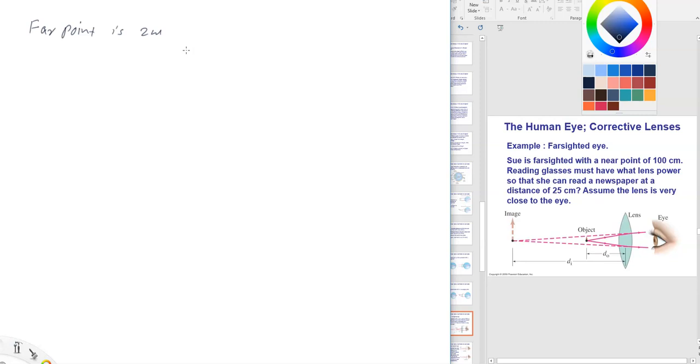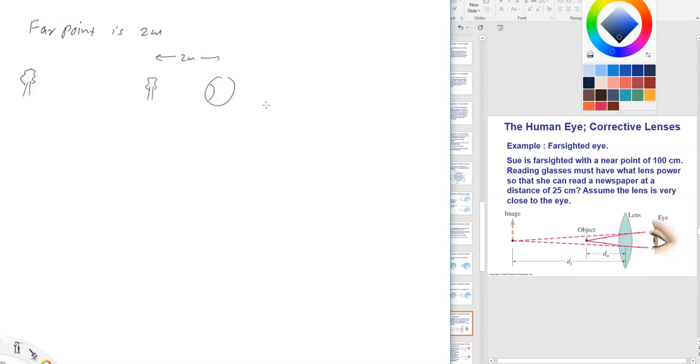Things are going to get very blurred. So how do we correct this? Far point is 2 meters.